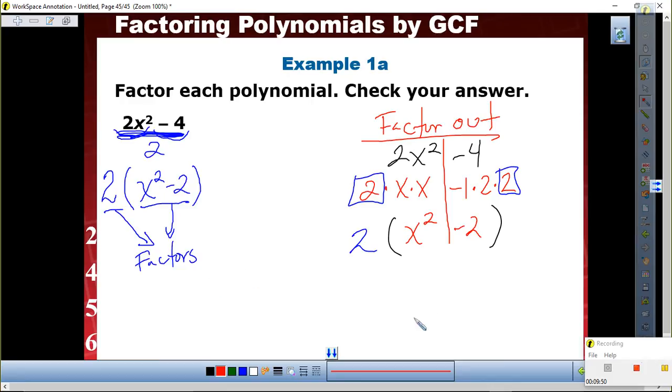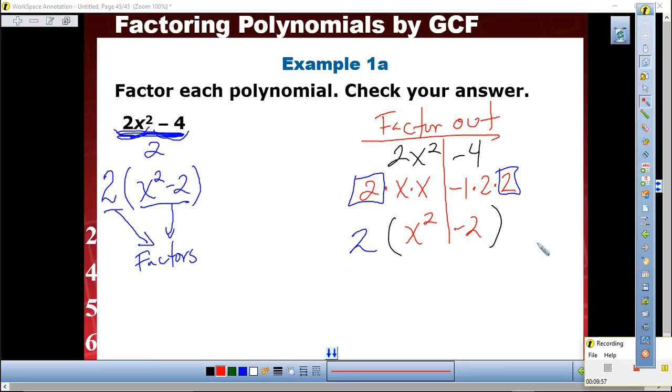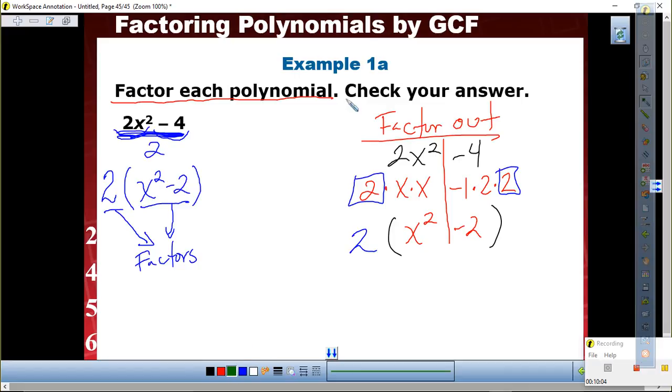All right, here we go. Did we factor the polynomial? Yes. But now they're asking us to check our answer, like always, right? So I'm back here. Look up, please. To check, all I have to do is the inverse of what I did to get these. What did I do to get these? I divided. So what is the inverse?